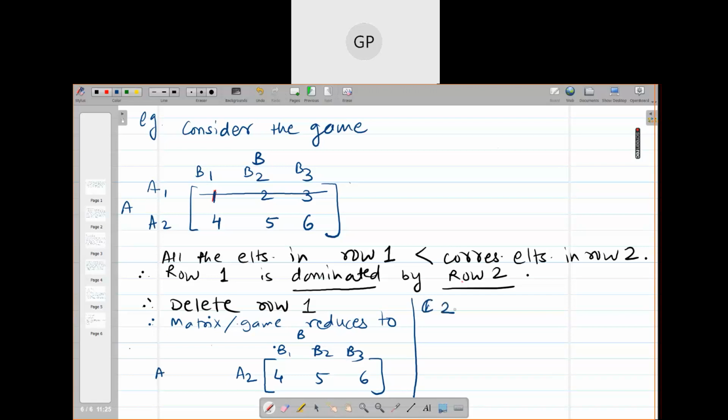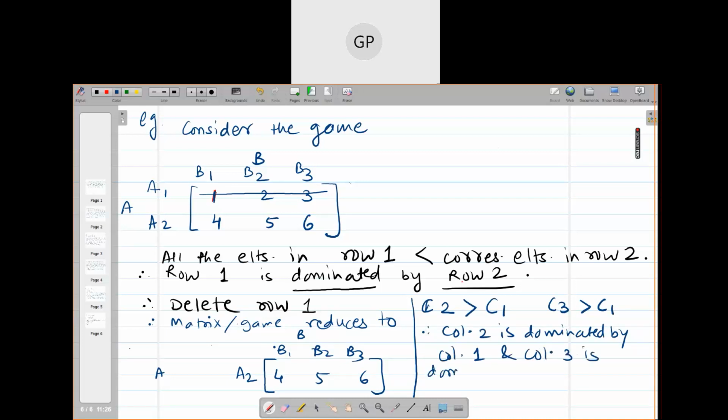Column 2 is greater than column 1, and column 3 is also greater than column 1. Therefore, column 2 is dominated. The bigger column is dominated by column 1, and column 3 is also dominated by column 1. Therefore, delete.